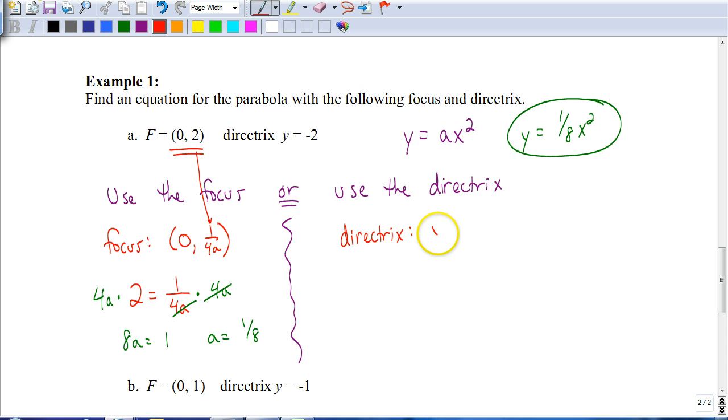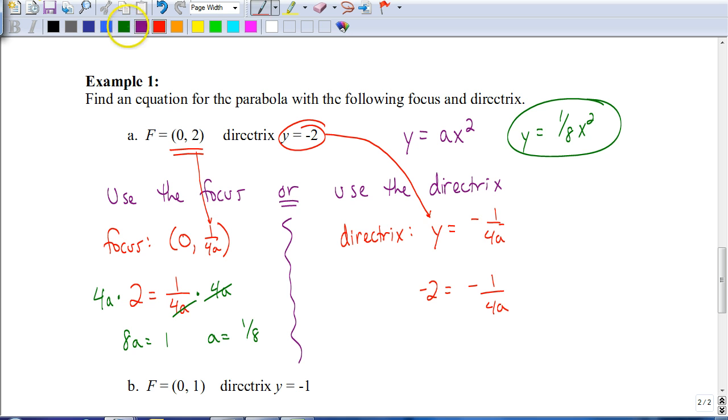Remember, the directrix is found by taking y equals -1 over 4a. Well, we know for this problem that y is equal to -2, so I can substitute that in for y. So instead of y equals, it's going to be -2 equals -1 over 4a.